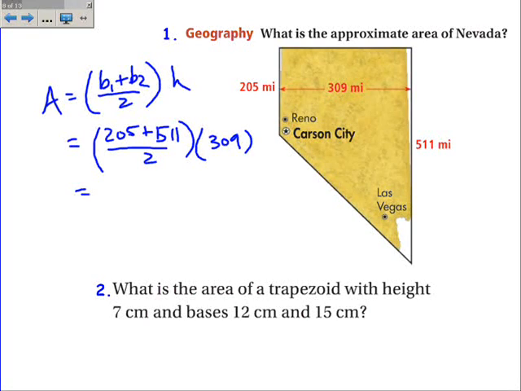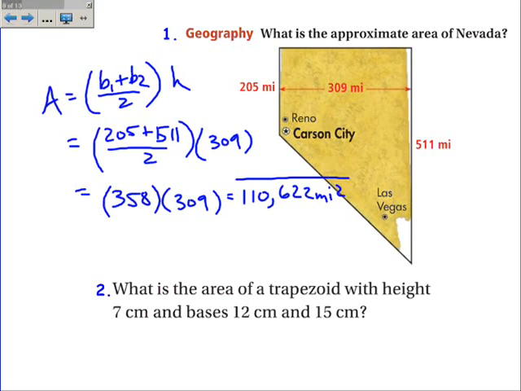Okay, 205 plus 511 divided by 2 is 358 miles times the height of 309, and I get 110,622 square miles.